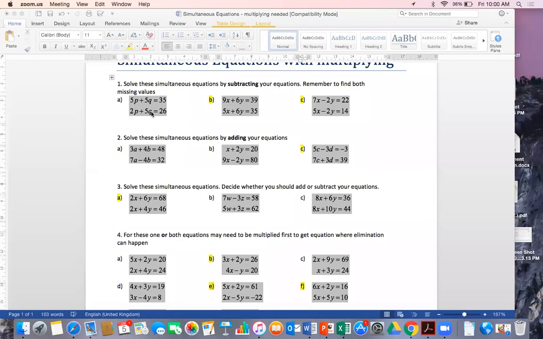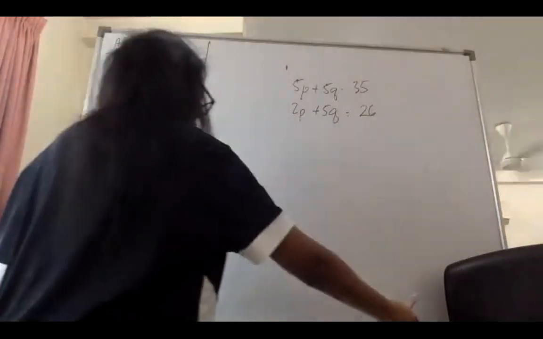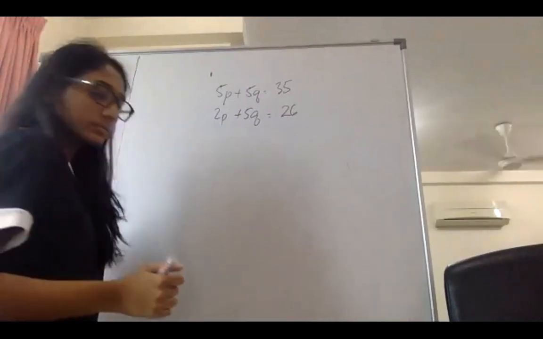Okay, 1A, 5P plus 5Q equals to 35. And 2P plus 5Q equals to 26. So now, remember, when it's the same sign, what do we do? Subtract.